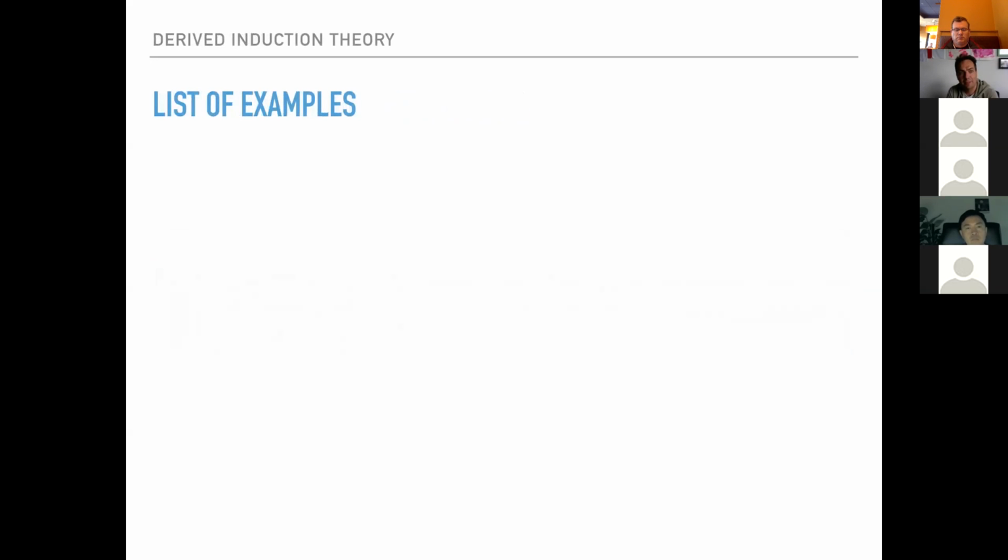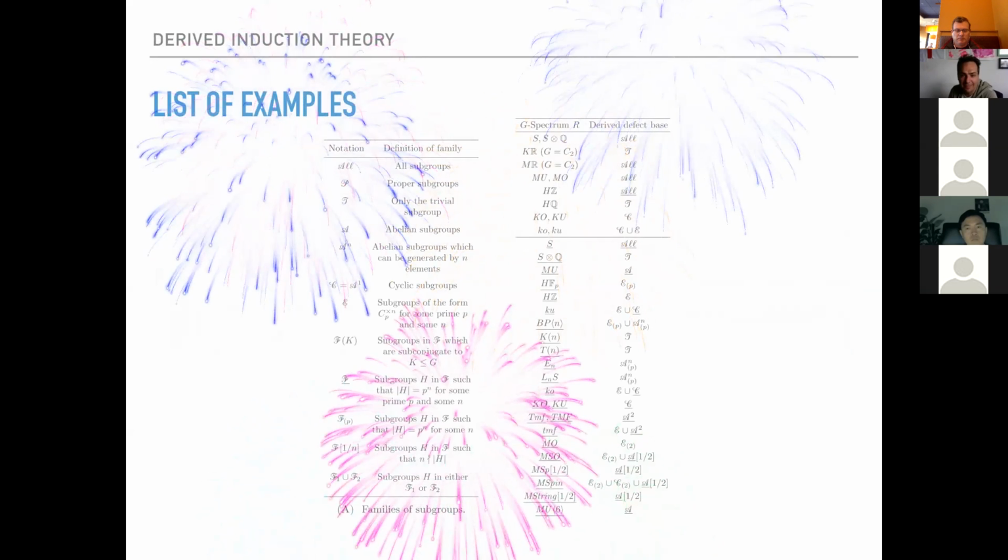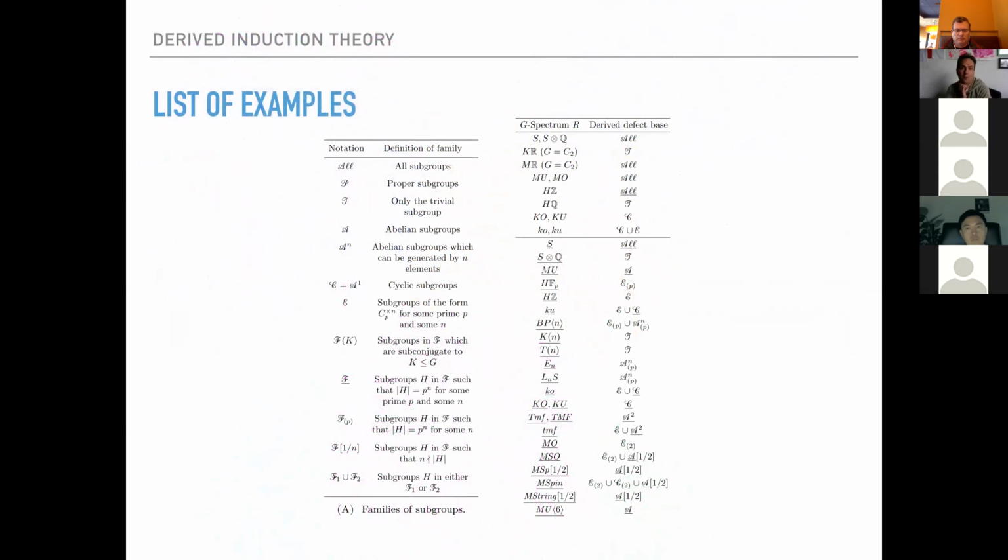So yeah, maybe some of you have seen this before. I'm very proud of this list of examples. I'm not going to go through this in any real detail here. On the left, I have a bunch of families of subgroups. And on the right, we have a list of genuine G-spectra. And we identified for all of these G-spectra their derived defect base.